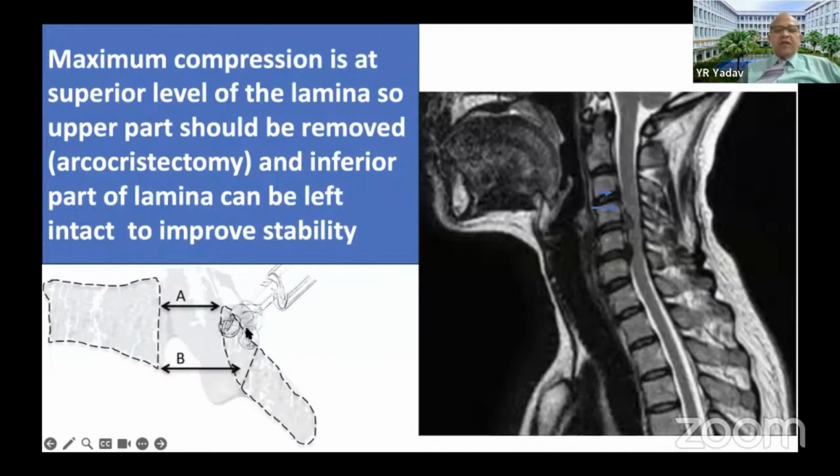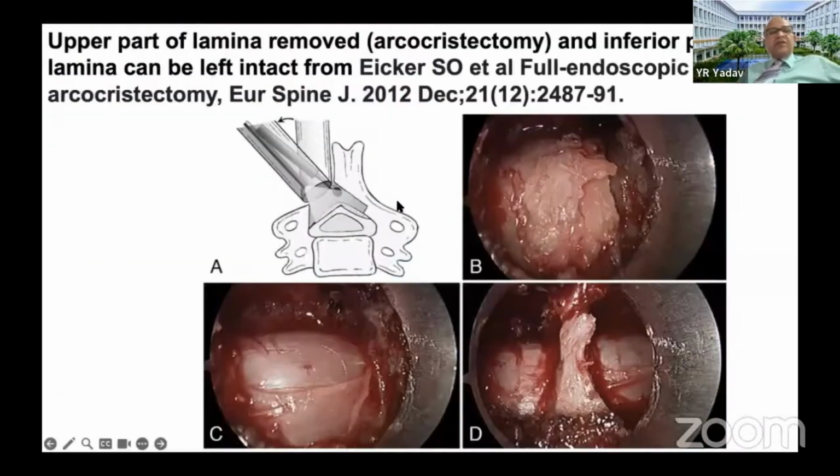Only a part of the lamina is removed, thereby you improve the alignment, and the chances of kyphosis and other deformity in long-term follow-up will be less. This is known as archocrestectomy: removal of only the upper part of the lamina, leaving behind the inferior part of the lamina intact, is one of the options.